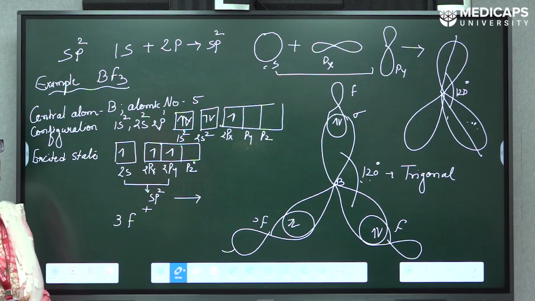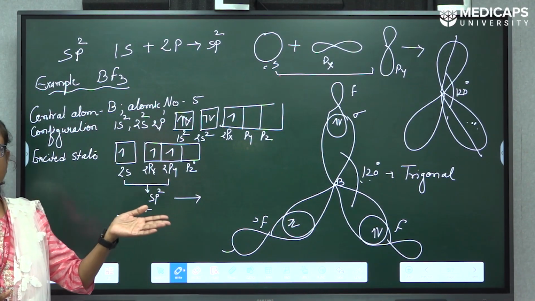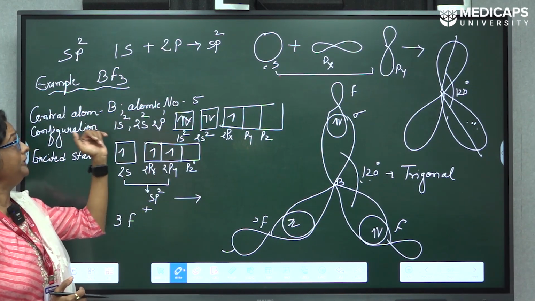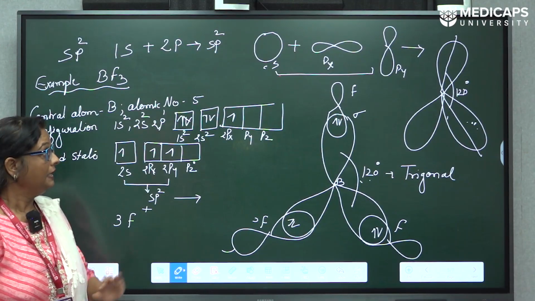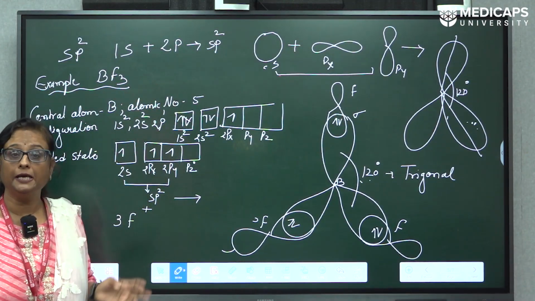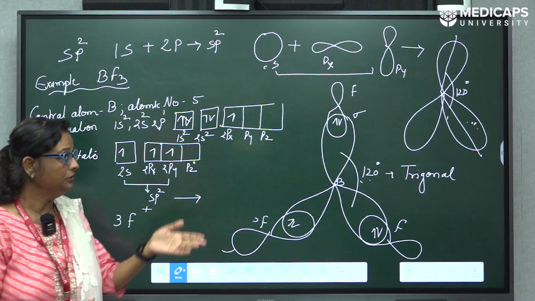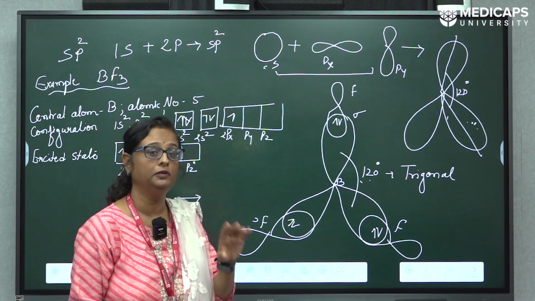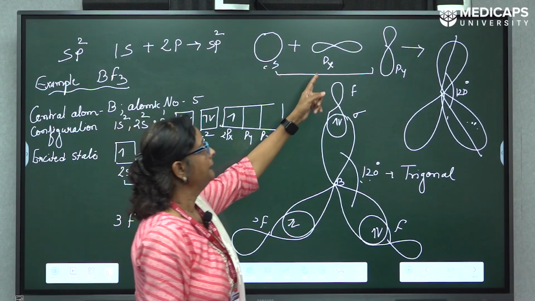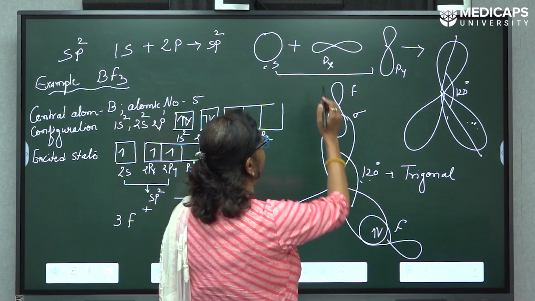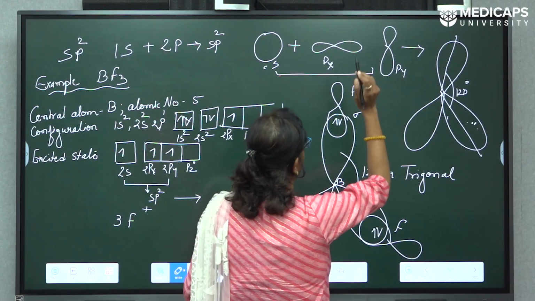Now similarly, as we have been discussing sp3, in sp2 we have 1s and 2p orbitals. If 3 orbitals are participating in hybridization, the resultant hybrid orbitals will be 3. So 1s and 2p, 2p means 1 px and 1 py.